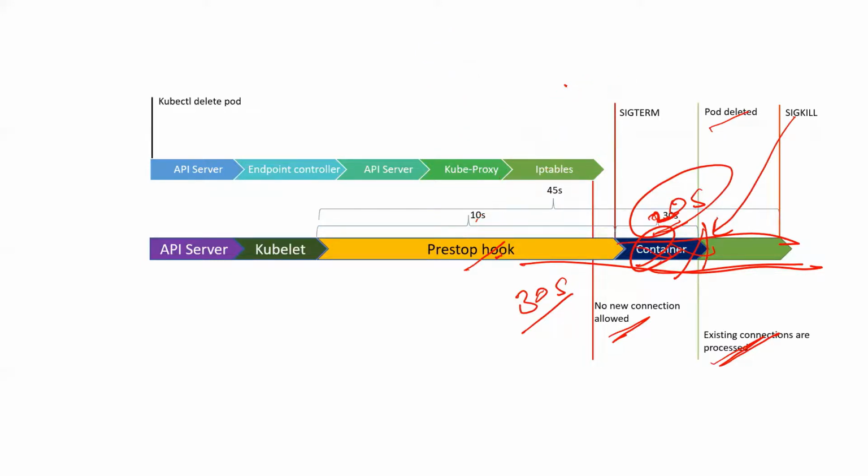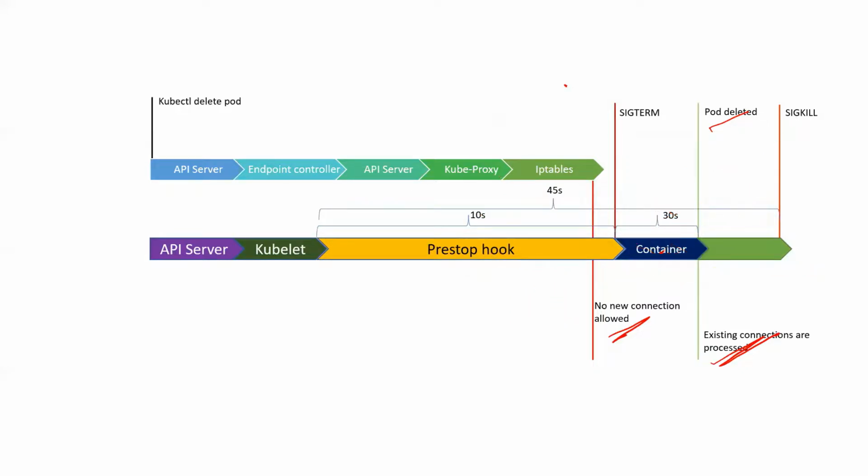Let's assume you have enabled the termination grace period, and I'm going to consume this time period you have given. Here I gave 45 seconds, but let's assume 1 hour. So you have enabled 1 hour. But why do you need 1 hour?